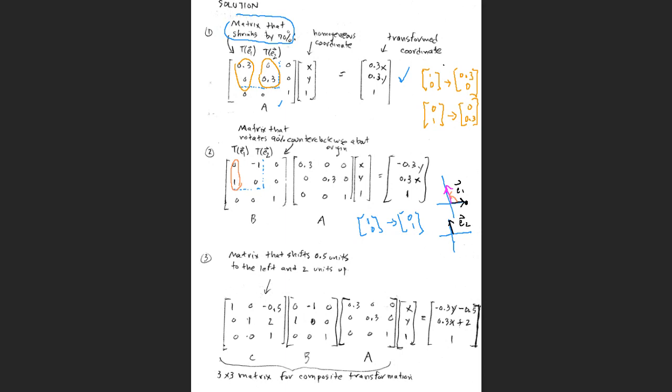A 90 degree counterclockwise rotation would cause that E2 vector to be transformed to this vector here, which is the vector -1, 0.